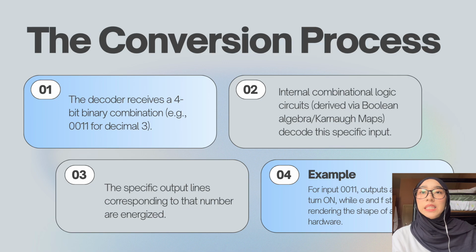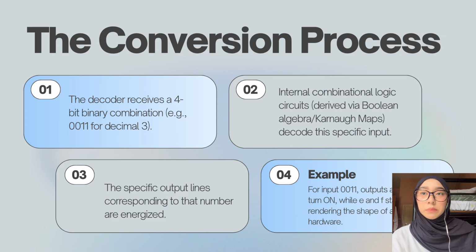And then the next is the conversion process. How does it process? Step number 1, the decoder receives a 4-bit binary combination, for example 0011 for decimal 3. Step 2, internal combinational logic circuits derived via Boolean algebra or K-maps decode this specific input.